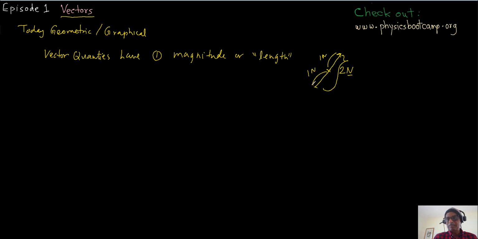And then the force is acting in that direction. So the other thing you need is direction. And it's the direction part that actually makes it difficult mathematically. So we will call this an arrow.